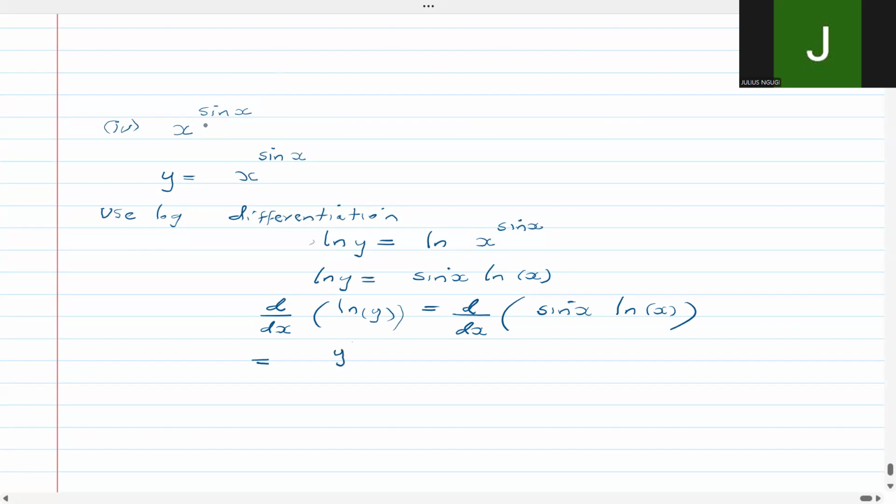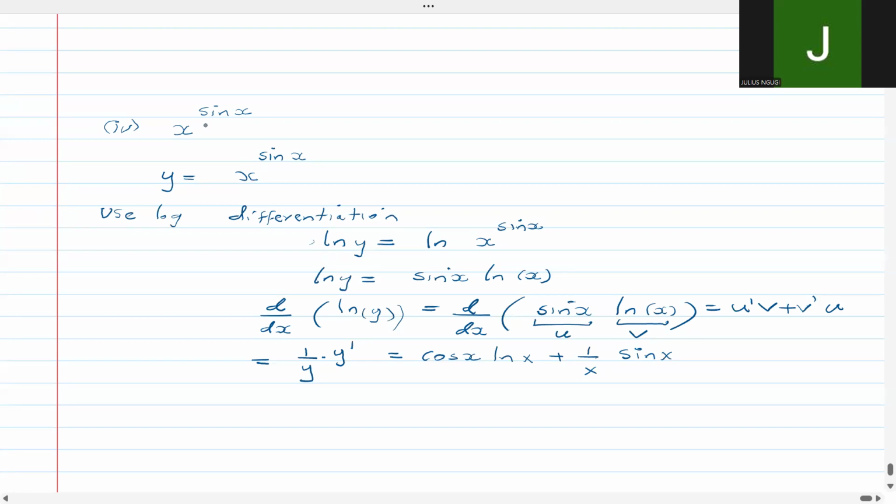So you have 1 over y times y prime equals the derivative of this side, which is the product rule. I'll call this part u of x and this v of x. It becomes u prime v plus v prime u. The derivative of sine is cosine, then attach ln of x. So it's cosine of x ln of x, plus the derivative of ln of x, which is 1 over x.